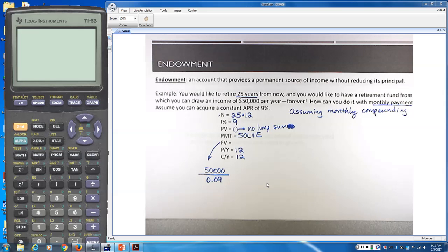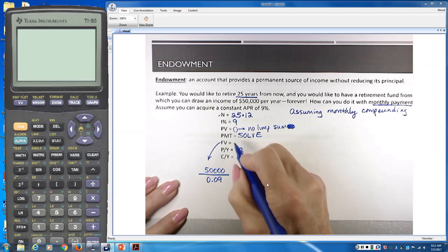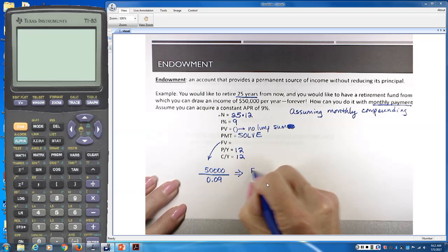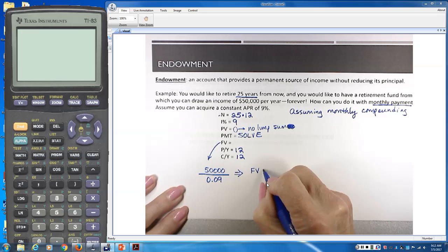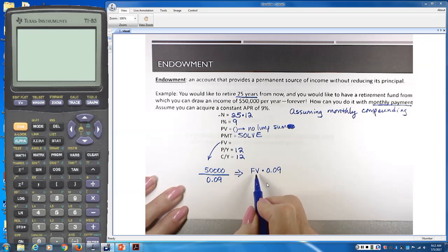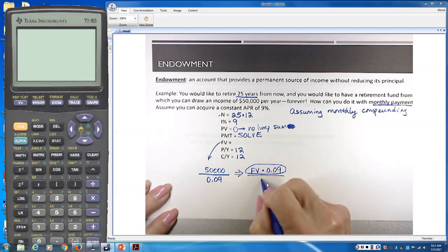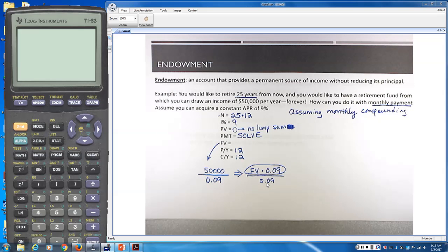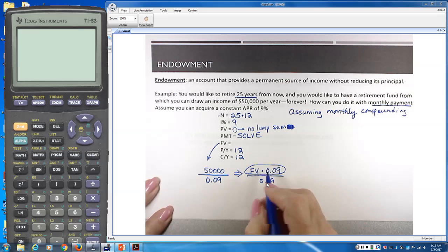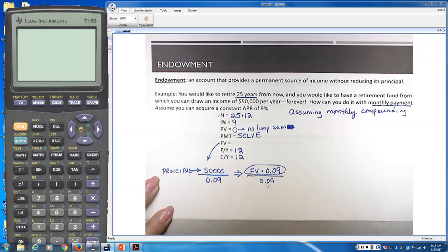And the reason for that is because the way that we're going to have that amount is our future value times 0.09 would give us the amount of interest that we're going to get off of that. So the part you need to remember is that this is the principal you want in the future. So we can multiply or divide? You divide.